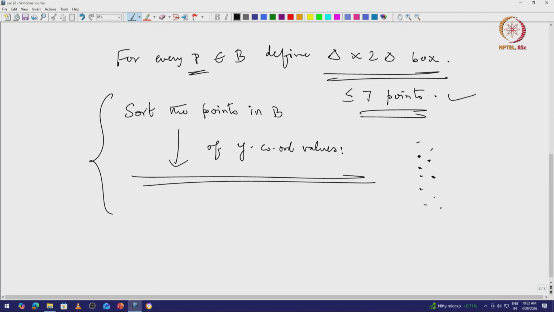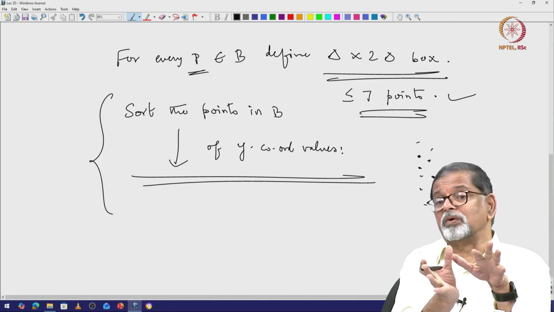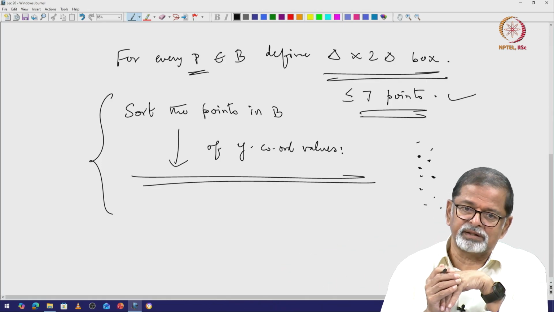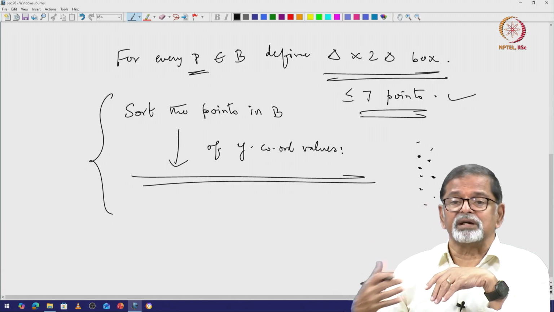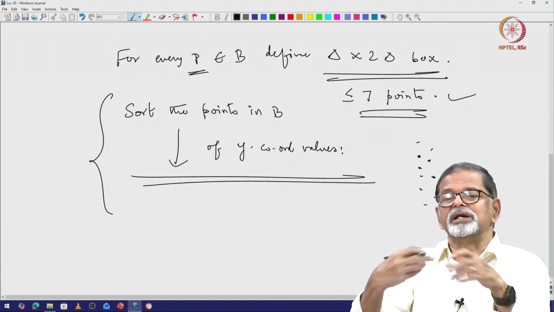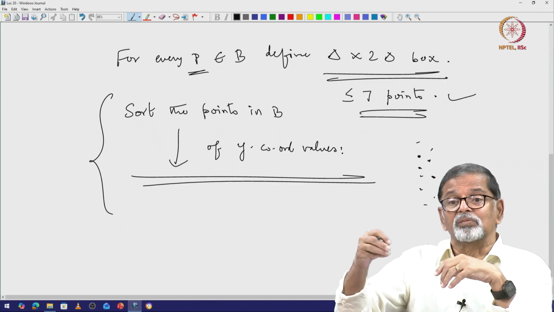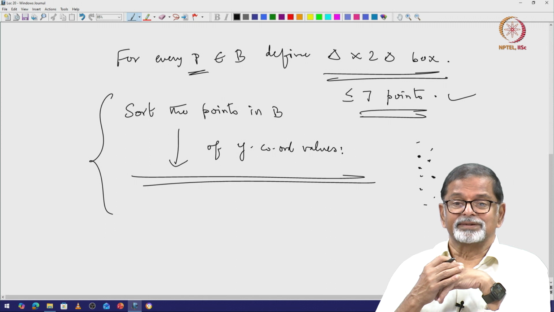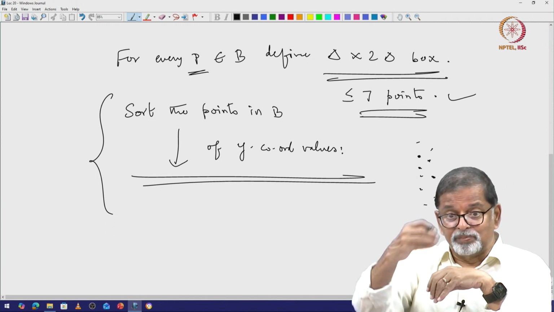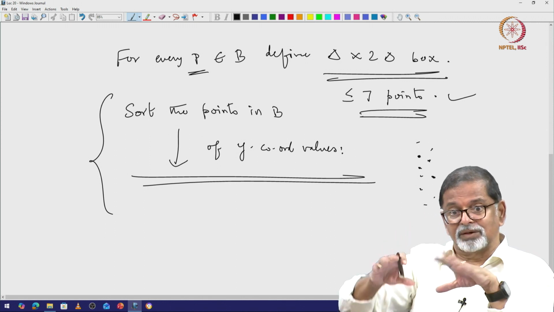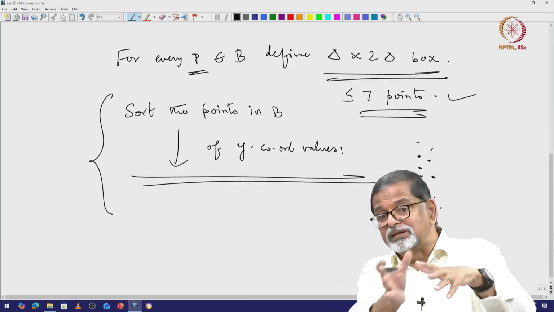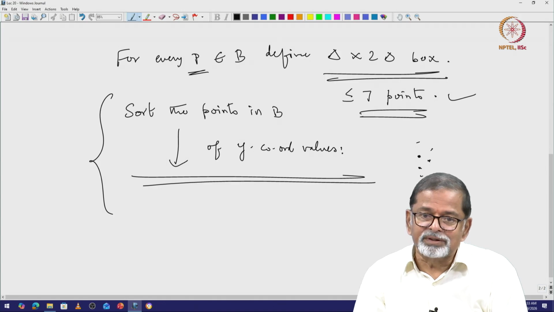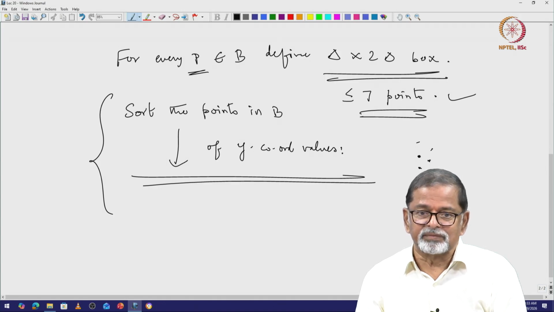Even if you may have probably the 7 points, definitely the 8th point is not going to be in that box. Therefore, in this sequence you need not go more than 7 consecutive points. From P, because all the points are available in the sorted order, I know which 7 points I have to compute the distance with.